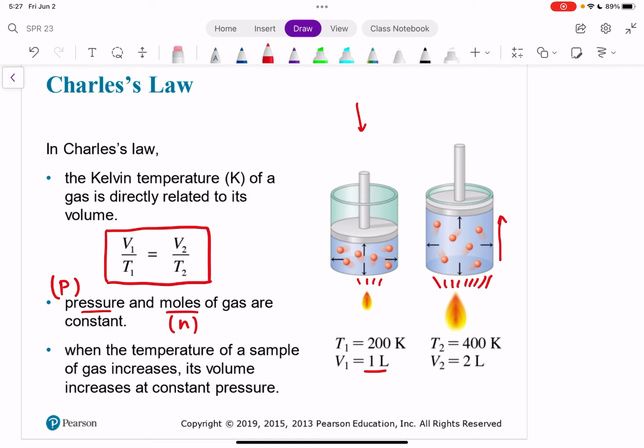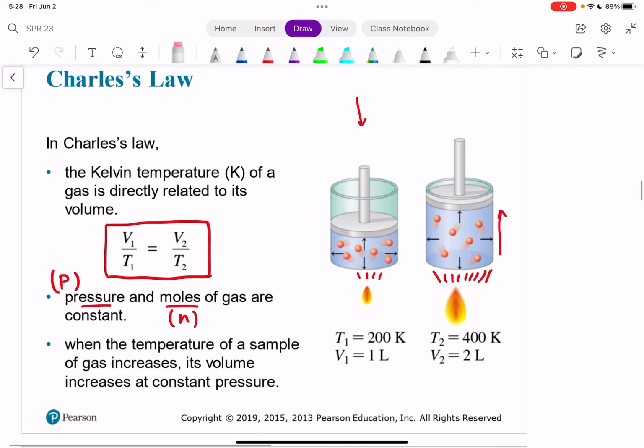See, we go from 1 liter to 2 liters. Okay, so as we increase the temperature to 400 Kelvin, we also increase the volume to 2 liters in this example. Okay, direct relationship, not inverse. As temperature increases, volume also increases, as long as we're holding pressure and moles constant.